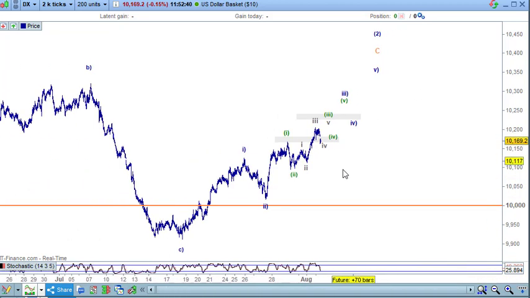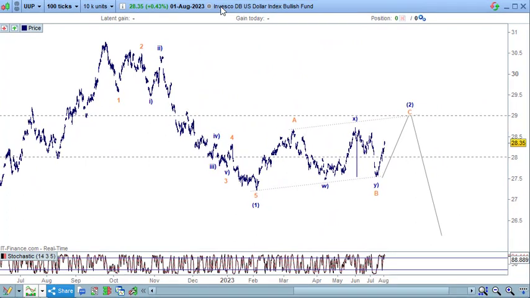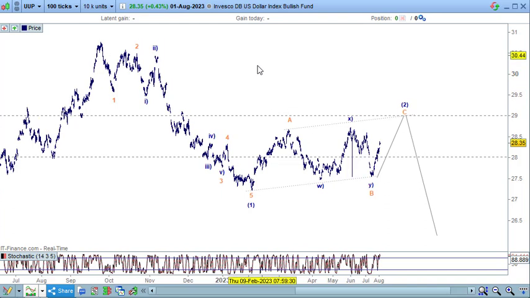And one of the other reasons I was looking at this going up as a C wave here, I just wanted to bring this chart across here. This is the Invesco US dollar index fund, and in this case, if we viewed this down here, it didn't really come as low, it held up quite high here.